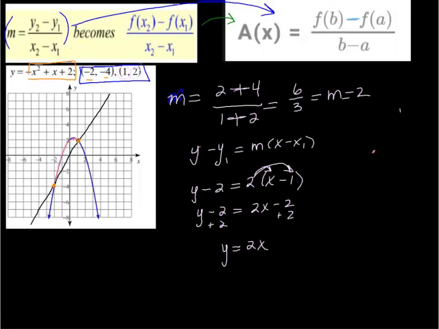This right here is the line y equals 2x. So the answer to our question is that the secant line of this function, given these 2 points, is y equals 2x.